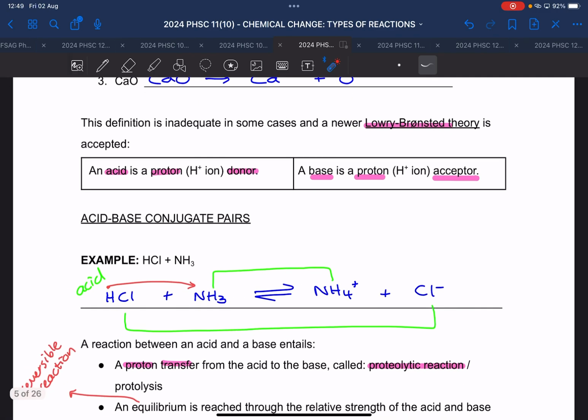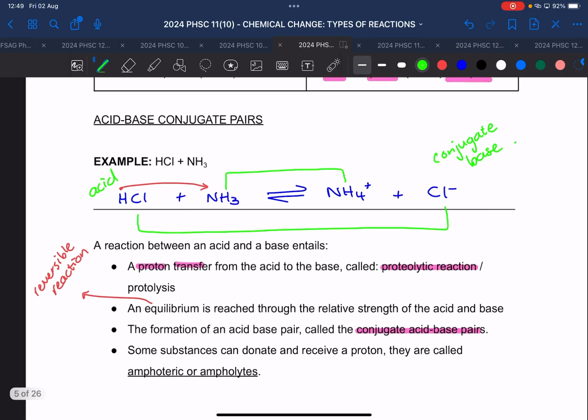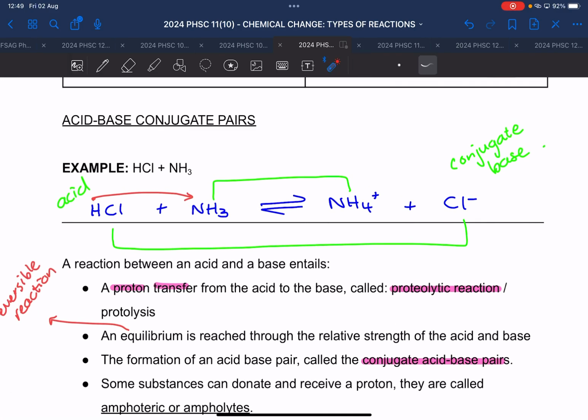So this thing is called the conjugate base. The thing on the other side of the bracket is the conjugate what? It will always be like that. If this is the acid, then its friend is the conjugate base. Always. You can't have acid and acid.